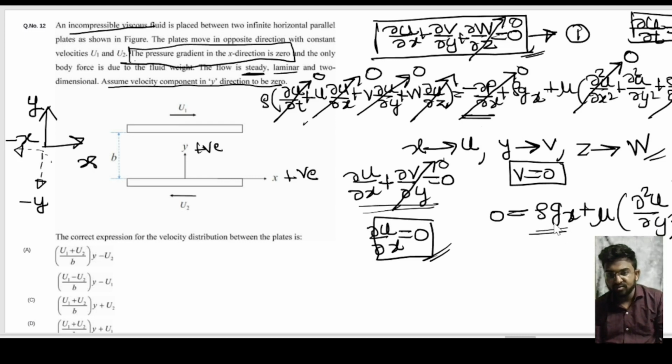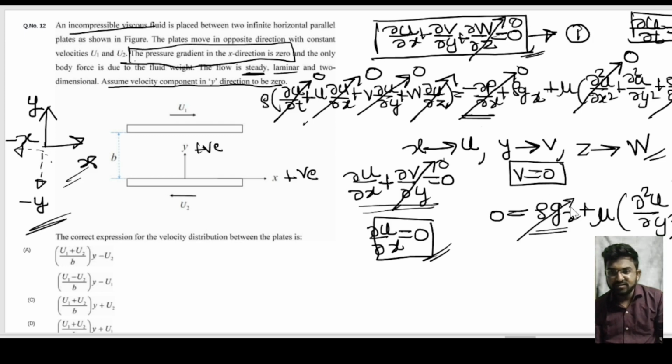Rho gx, so this is gx, meaning the acceleration due to gravity in the x direction. From this figure we can say that gravity will act in the negative y direction. So the component of the acceleration due to gravity in the x direction will be 0.